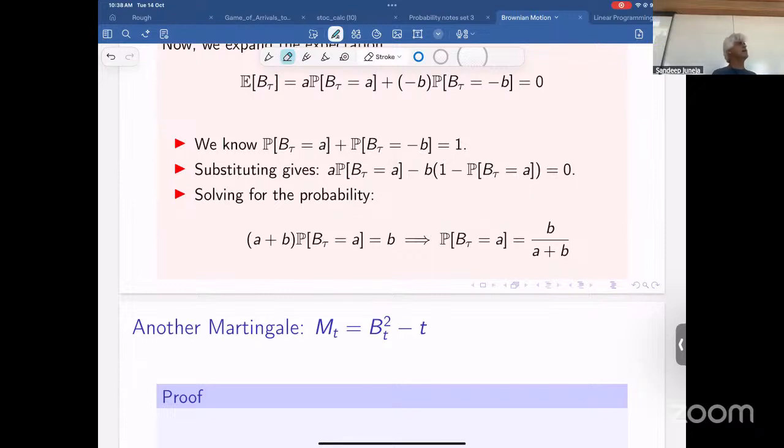Because in the discrete case, we do the first step. There's always a first step that gives you an equation, and here the first step will give you an ODE. So you solve the ODE. That could be one way, but here is the power of martingale.